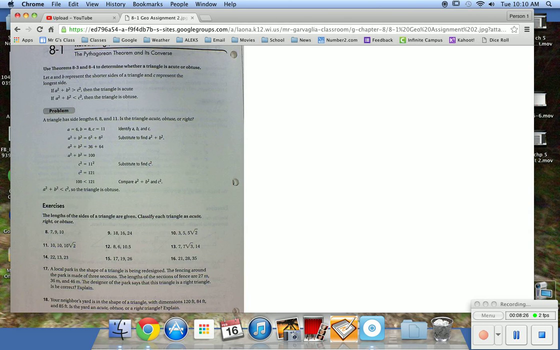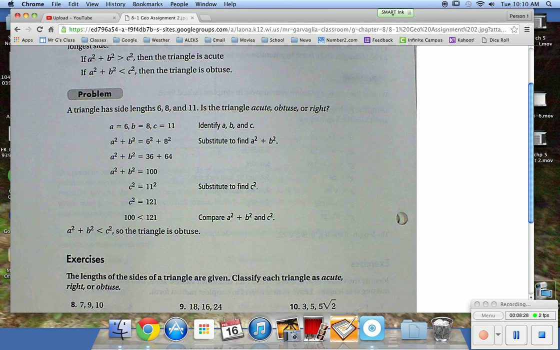All right. Now the second side of this page, we're going to work with obtuse, acute, and a right. How do we know it's obtuse?